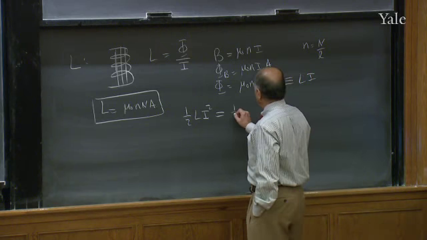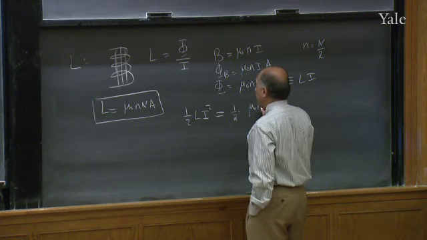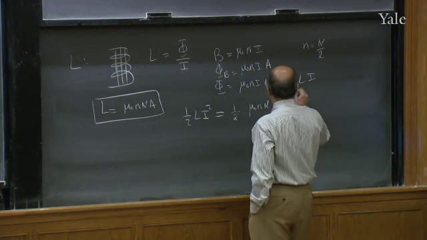You got 1 over 2. L is mu 0 little n big N A, I squared.